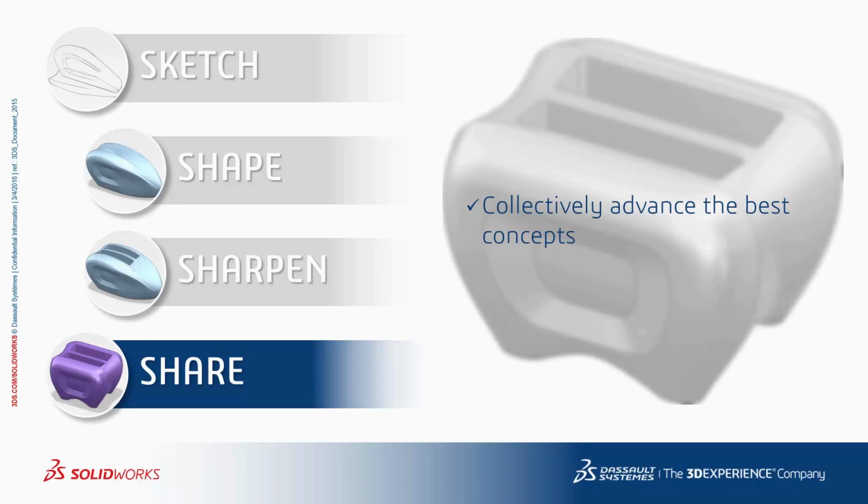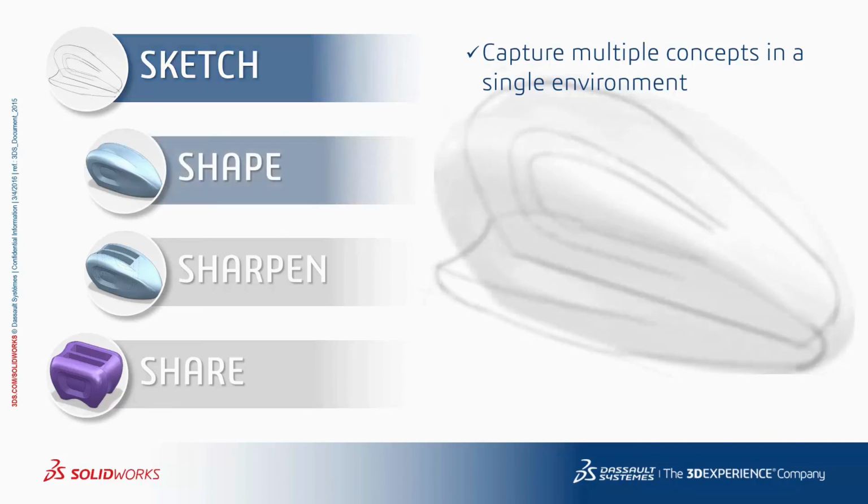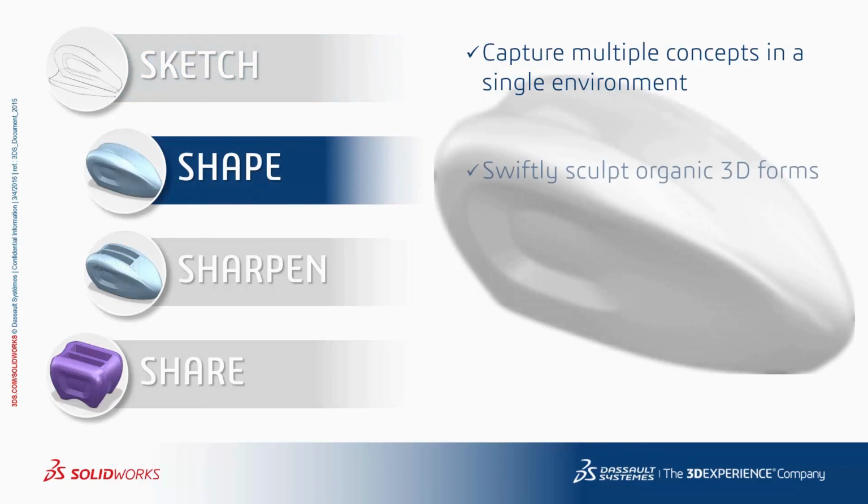As we summarize now what we just saw, we started with Jordan doing some sketching, being able to capture multiple concepts in a single environment, the same environment that we're going to be using to create the solid model. You saw Brad take advantage of some amazing sub-D modeling technology to swiftly sculpt that organic 3D form.